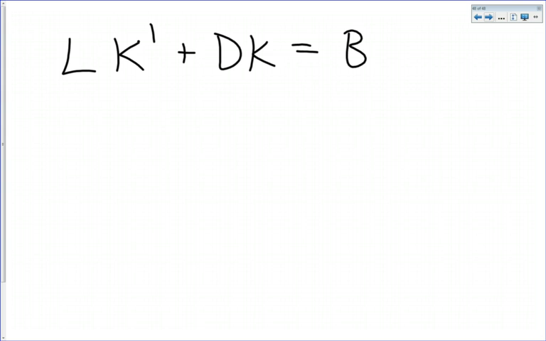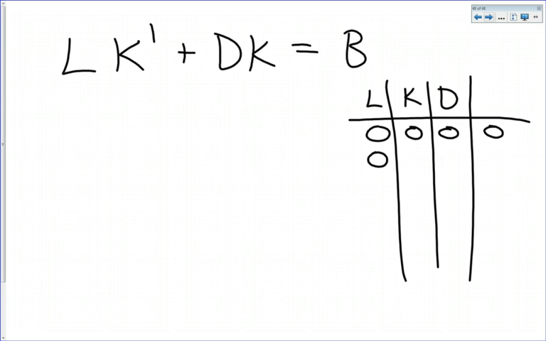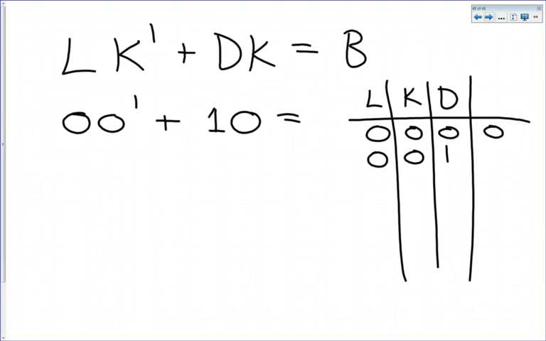Okay, so we have the scenario of a truth table here of L, K, and D. We already did all zeros. But in this case, what happens when I substitute a 1 in place of this? So everything else is a 0. Okay?